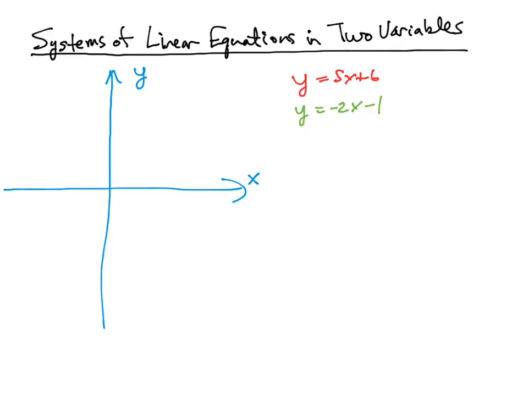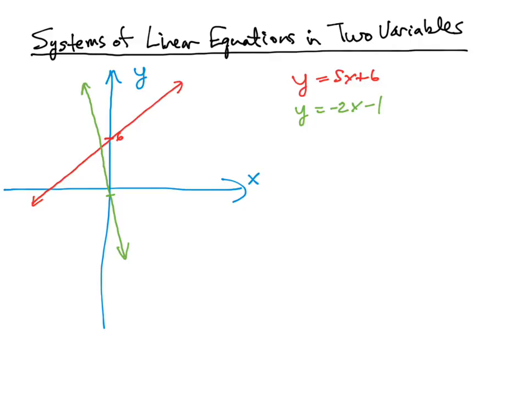Each of these are linear because all of the variables are raised to the first power. If we were to graph each of these lines, the first line has a slope of 5 and a y-intercept of 6, so that line looks something like that. The second line has a y-intercept of negative 1 and a slope of negative 2, so that line, approximately, is going to look something like this.